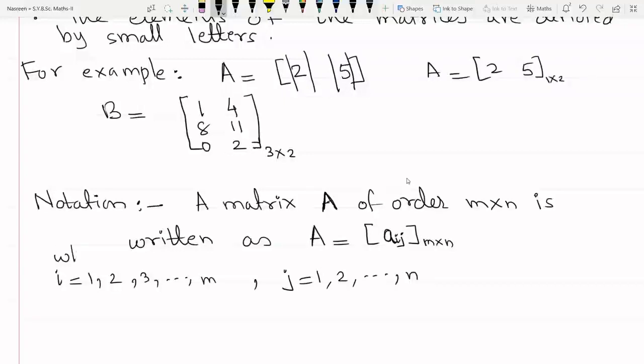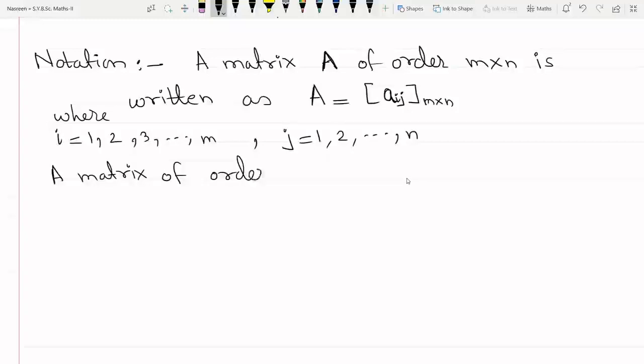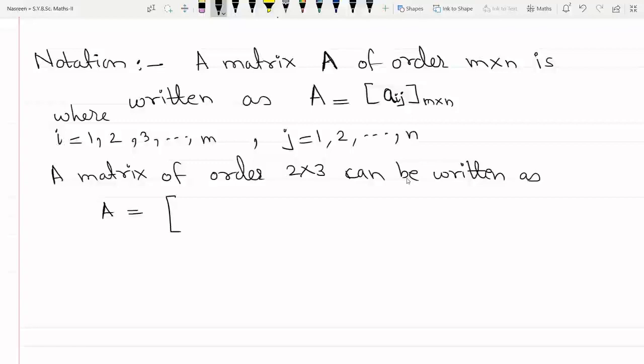So for example, let us write a matrix of order 2 by 3, 2 rows and 3 columns, in this notation.